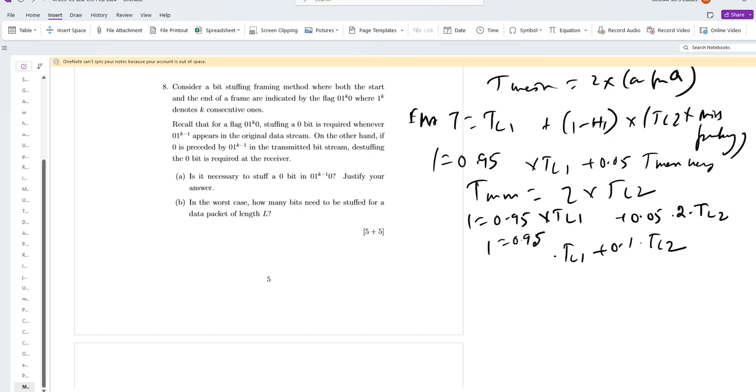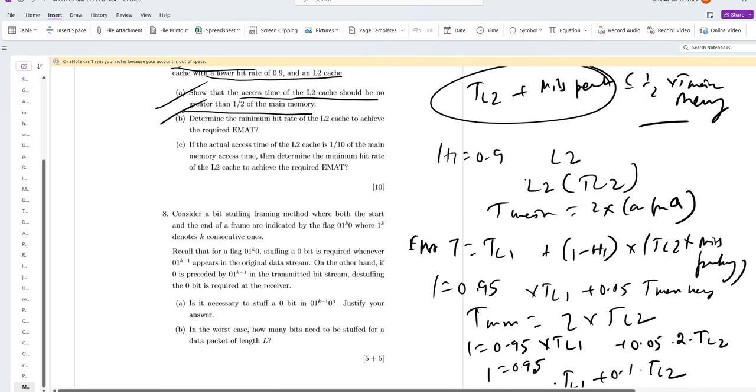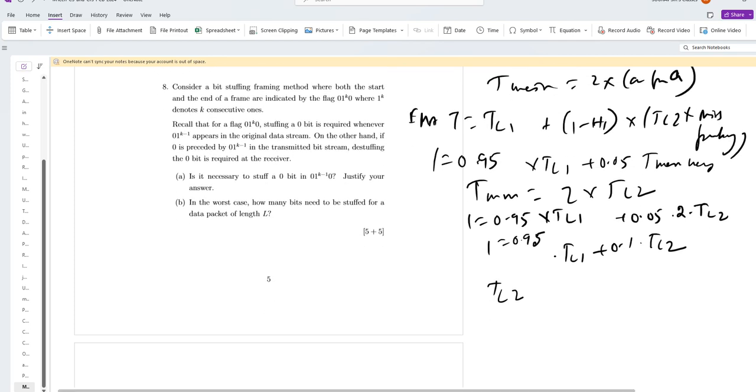We know that T L1 is the access time of the L1 cache and H1 is the hit rate of the L1 cache. So we can conclude that T L2 equals (1 minus 0.95 T L1) by 0.1, and we can calculate L2 and achieve the required value in the EMAT.